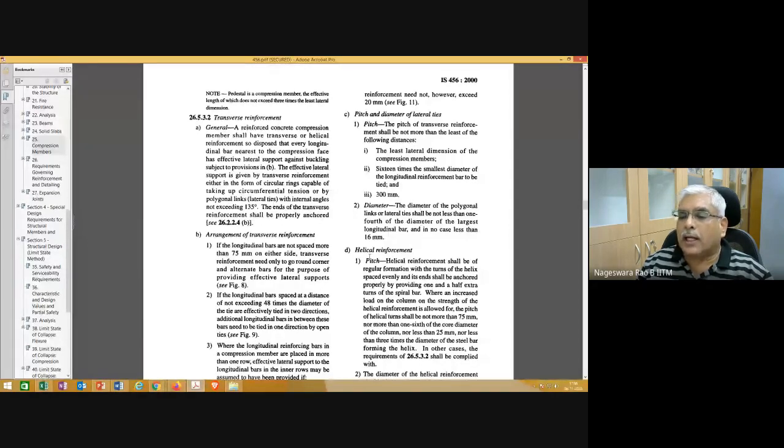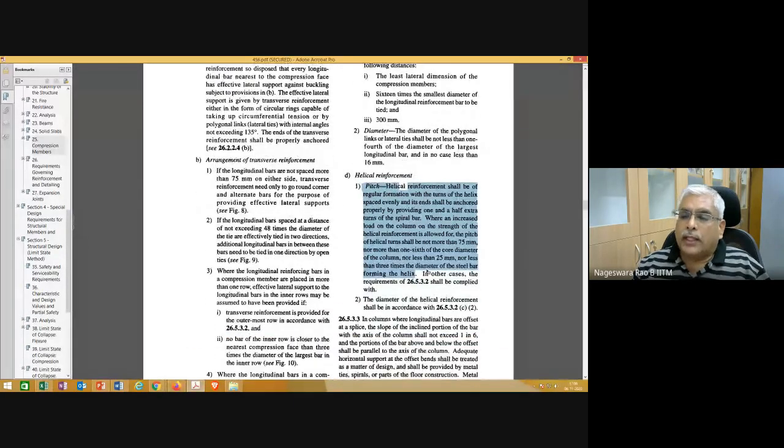And there is another kind of transverse reinforcement. Instead of having separate ties, you can have a continuous transverse reinforcement in the form of a helix or helical reinforcement. What are the specifications related to that? They are given here.